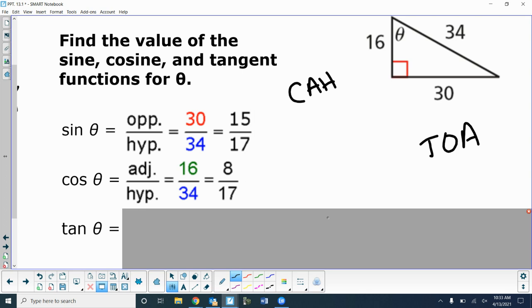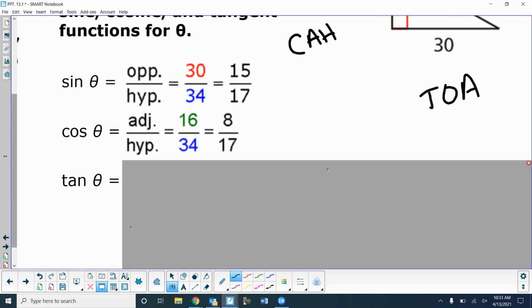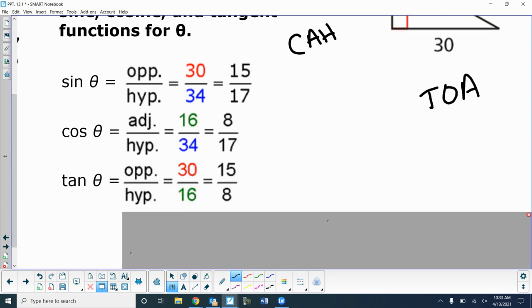Opposite, 30, is it 30 over 16? Yeah. Okay. Alright, then I'm good, I know it. Then don't tell me you got no clue. Well, I didn't for a second, and then I got it. Is this that difficult? No, it's simple. Pay attention. I'm not asking that much out of you guys, I didn't think.